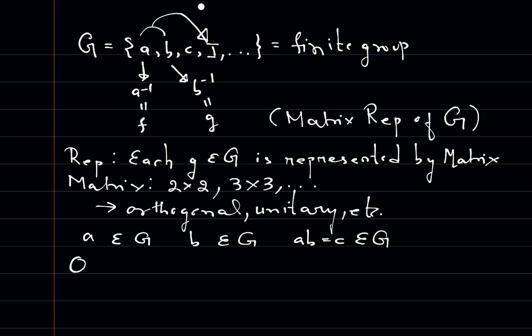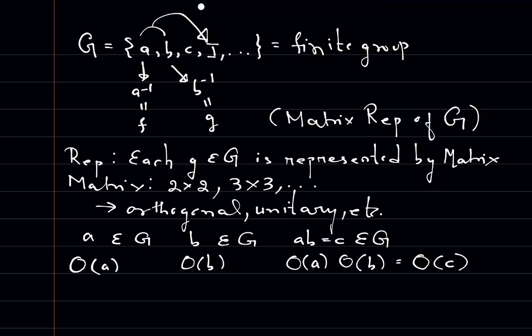What do I mean by that? Consider I have an orthogonal matrix that is a matrix representation of A, and an orthogonal matrix that is the matrix representation of B.